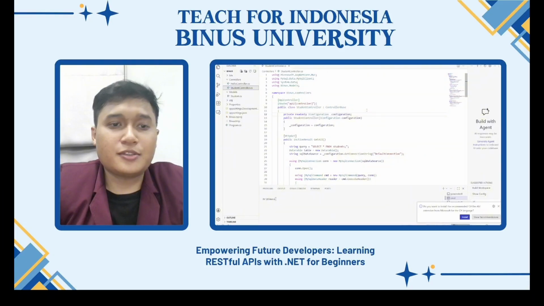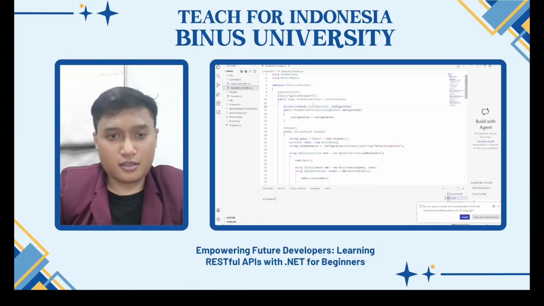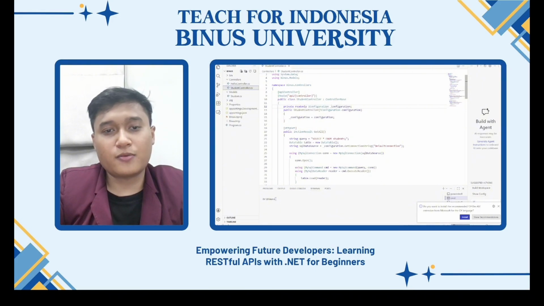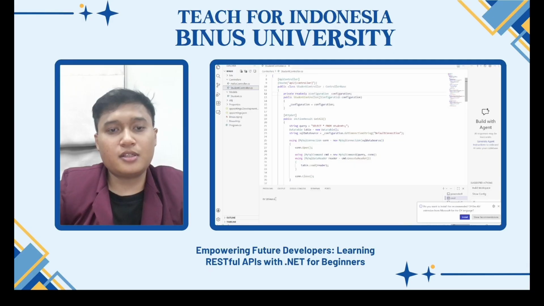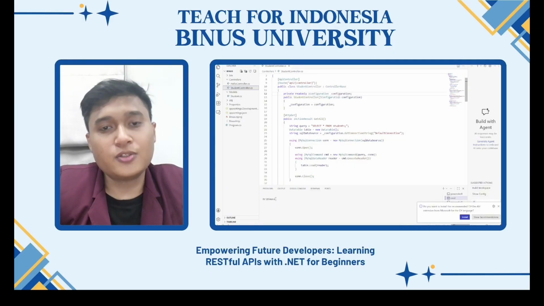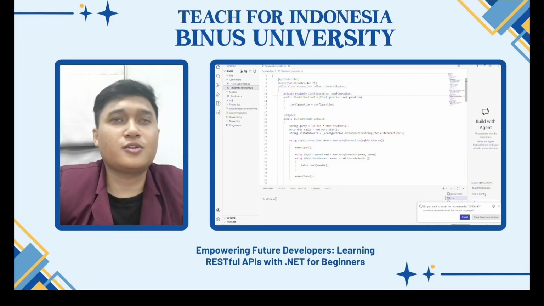And the second one is the route. This will make the URL of the route contain the API and the name of the controller. Also, there is one more important thing: a variable that calls the configuration. We use this variable to connect to the database, so the API can access and connect to the database.